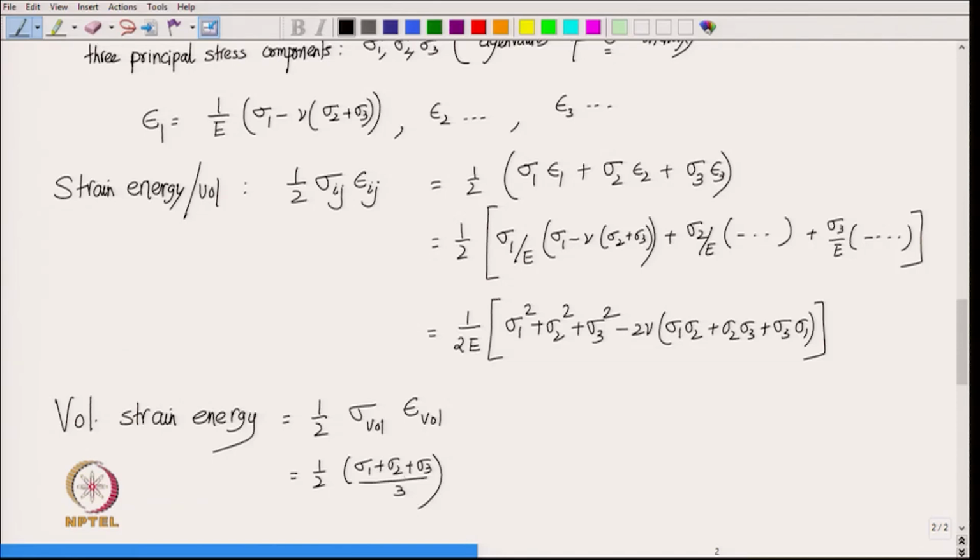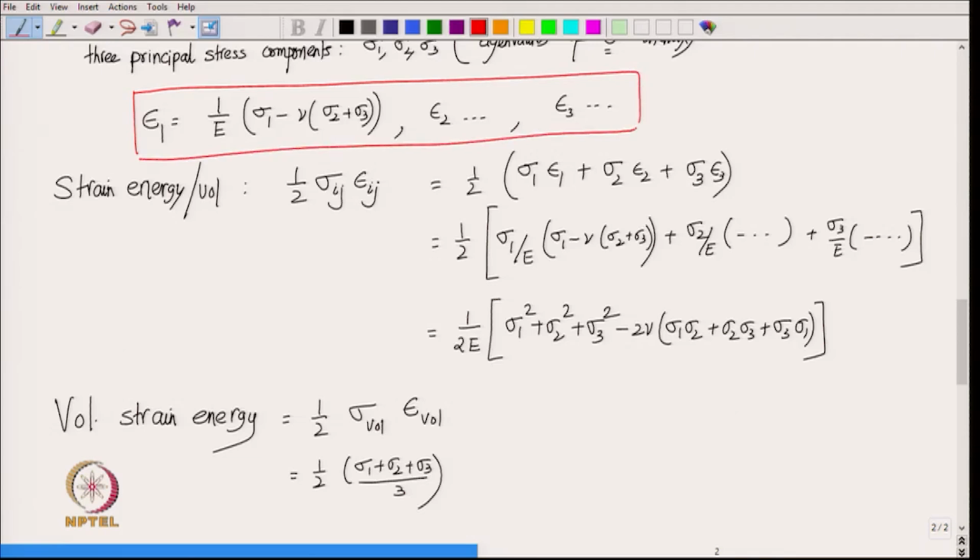So, when you add the 3 formulas here together, you get the volumetric strain, and that turns out to be 1 over E into sigma 1 plus sigma 2 plus sigma 3 minus 2 nu into sigma 1 plus sigma 2 plus sigma 3.